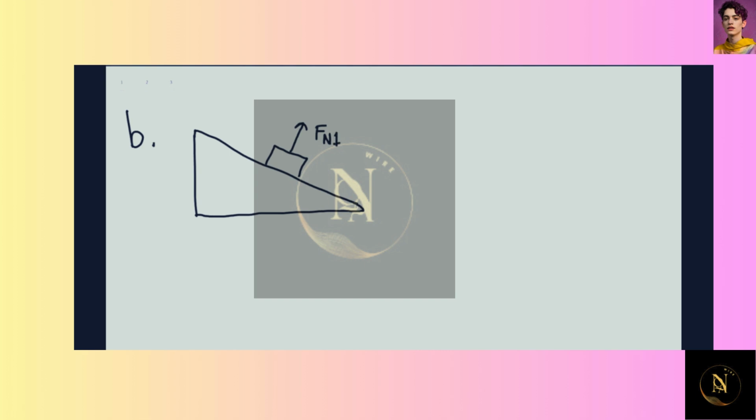Going straight down would, of course, be mg. Opposite to the direction of motion would be force friction sub 1. This would also be force tension acting.